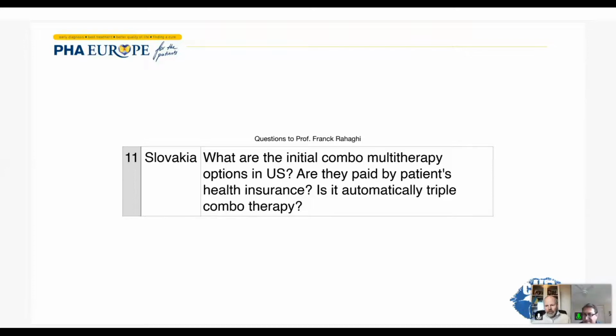So I suspect that one of our problems, if we want to advocate initial triple therapy and induction therapy, which is a version of triple combo therapy, is that we would hit a snag in the United States, and probably even more in Europe, which is even more data driven.